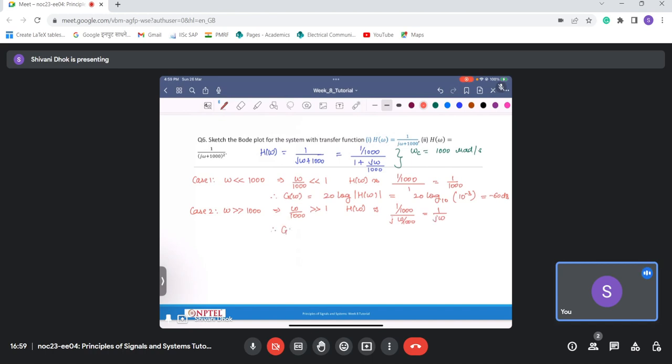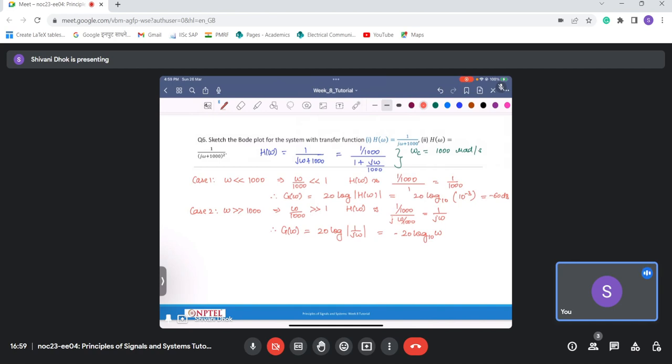Therefore, G of omega is equal to 20 log to the base 10 of mod of 1 by j omega, which is equal to minus 20 log to the base 10 of omega. So this is what we have in this example.